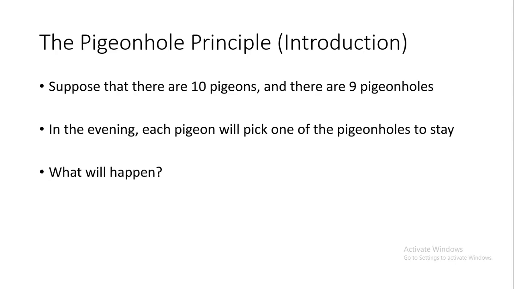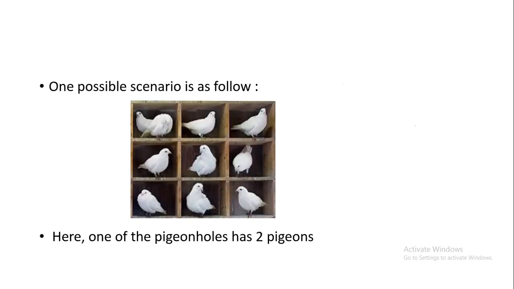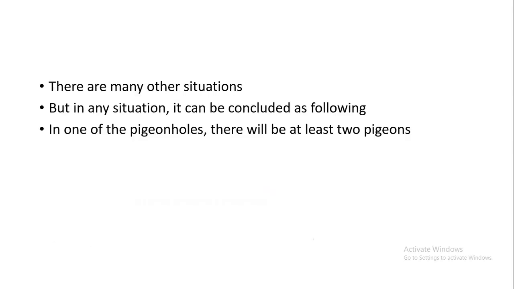One possible scenario is like this: one of the pigeonholes has 2 pigeons. There are many other situations, but in any situation it can be said that in one of the pigeonholes there will be at least 2 pigeons.